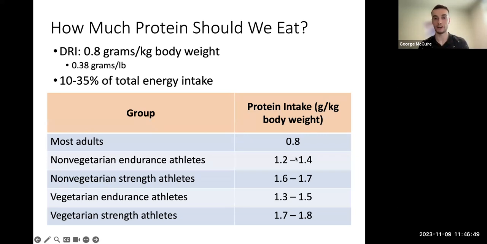A strength athlete, who is doing high intensity exercise over a short period, is going to be putting excess stress on their muscles, and so would need a higher amount of protein in order to help rebuild and repair those muscles that are used to move heavy weights, right? And to be explosive, to provide a lot of force in one motion.